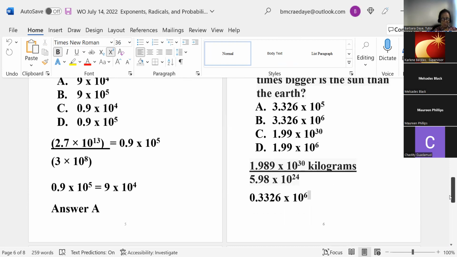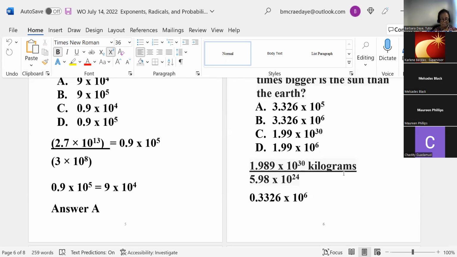I just see 3.326 to the 6th power, that's the B. But 3.326 is not the same as 0.3326, is it? No, ma'am. So what mistake did I make?